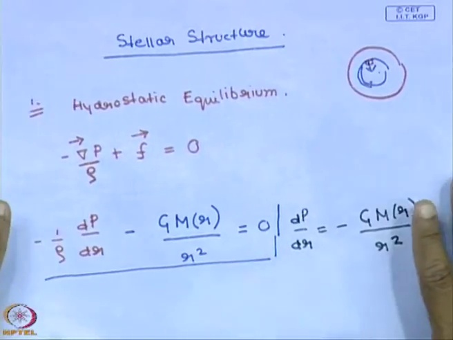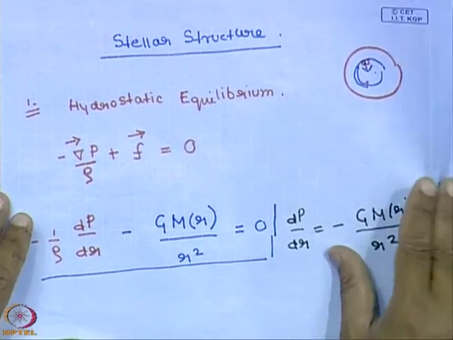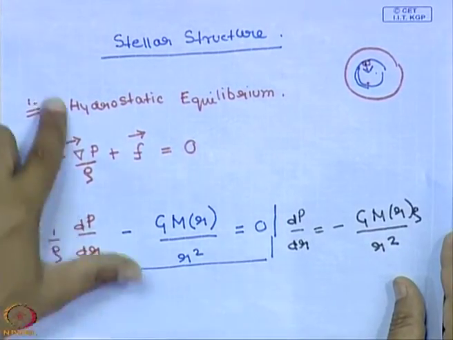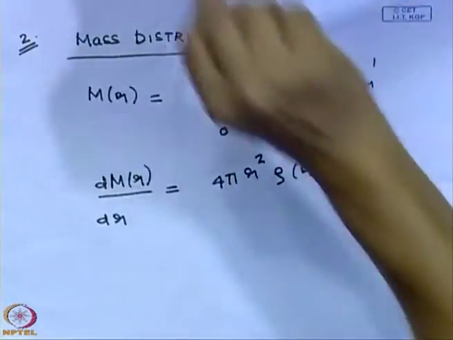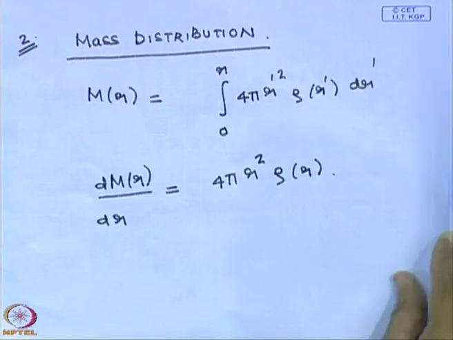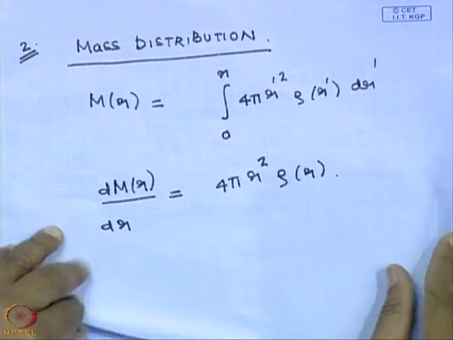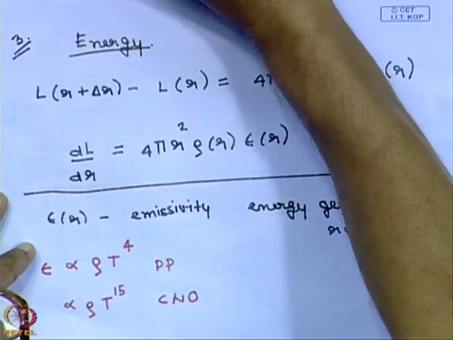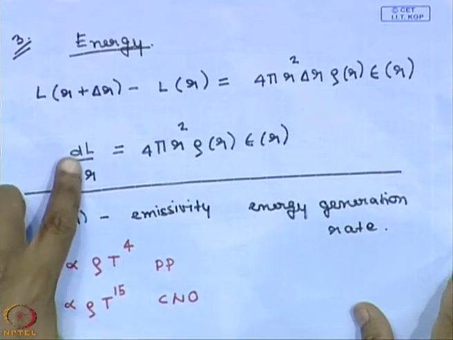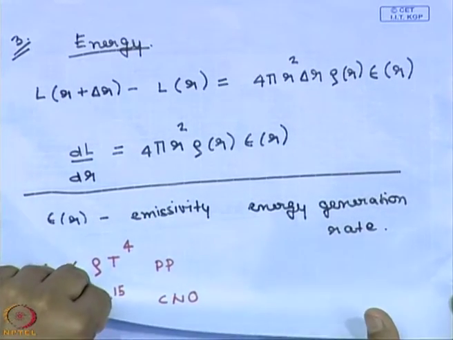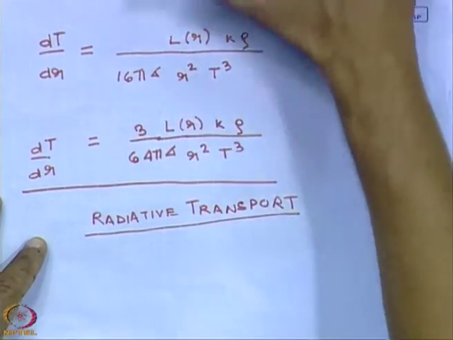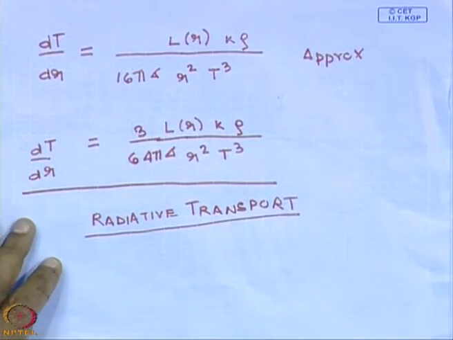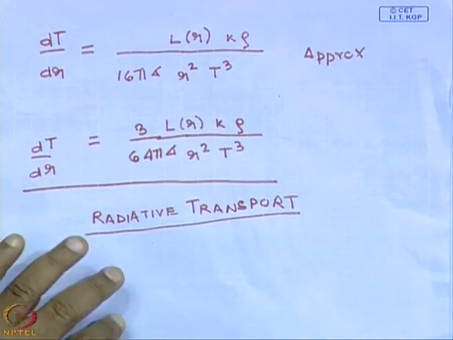So, the first equation is the equation of hydrostatic equilibrium. This gives the pressure as a function of r. The second is the mass distribution. The third is the way the luminosity changes with distance, and the fourth is the temperature gradient, which is decided by the energy transport mechanism.